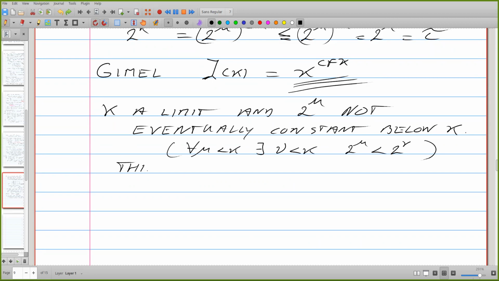Then 2 to the less than kappa is, of course, the supremum of all those 2 to the nu's. And importantly, the cofinality of 2 to the less than kappa is equal to the cofinality of kappa itself, because you have a cofinal sequence below kappa where the continuum function is increasing, and that cofinal sequence has the same cofinality as kappa.